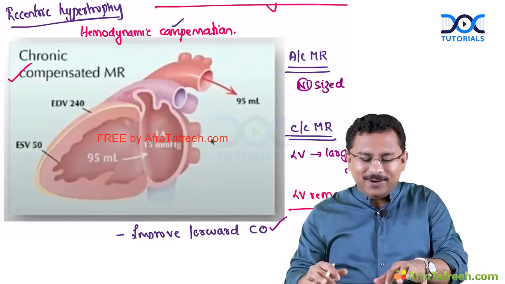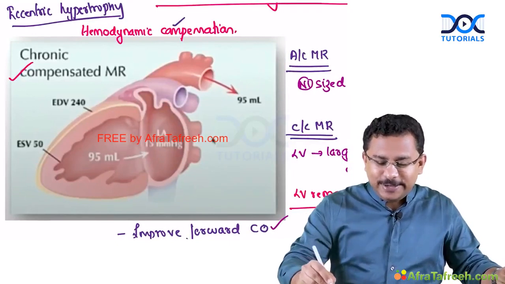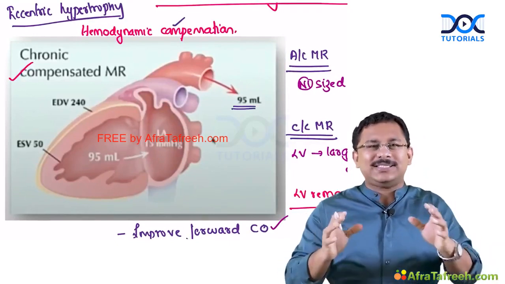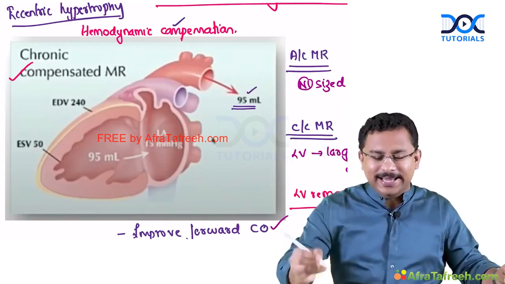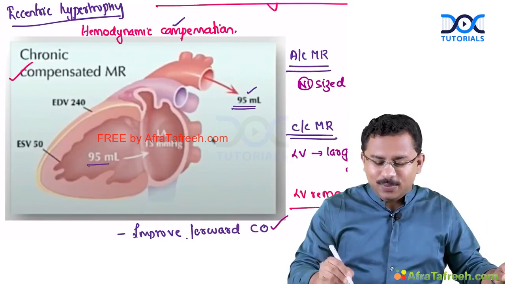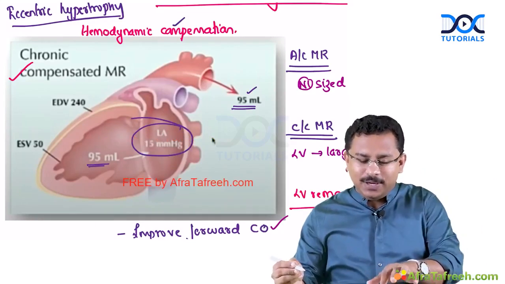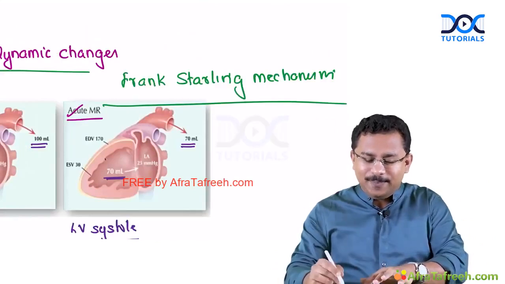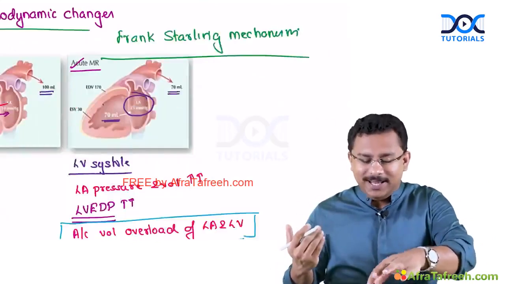Let's just quickly have a look at the image. You can see here there is a forward stroke volume, which is again near normal. The other one was 100 ml. This is again 95 ml. So it is trying to compensate. There is a backward flow, but you see the LA pressure. It is 15 millimeters of mercury. You compare with the LA pressure in an acute mitral regurgitation where the LA was at a higher pressure.